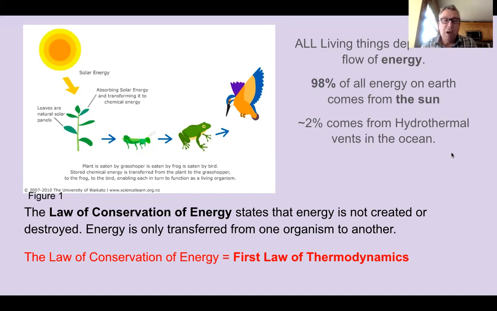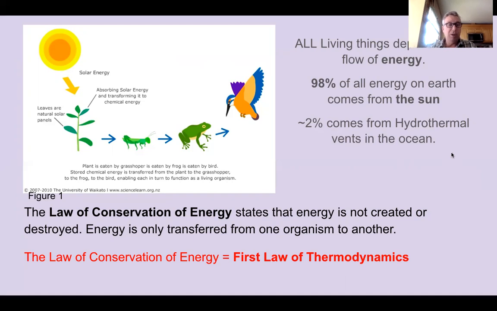All right, so we talk about energy as it exists on Earth. Now you might think or know that the sun is creating this energy that's coming down to Earth. But we're going to talk about energy in the closed system of Earth. Once it reaches Earth and comes into the plants, from there it's only transferred from one organism to another.